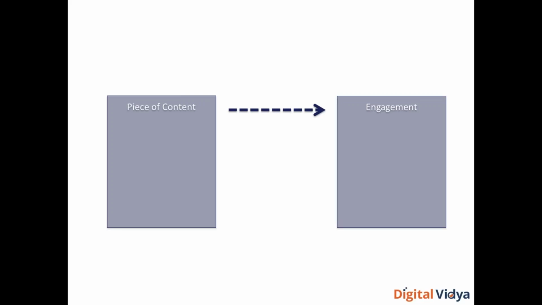Ads. So Nitesh, if my piece of content is an ad, what is my engagement? Great, Yashna. Ad clicks. After ads, any other thing? So once I see the ad, I click on it. What happens? I click on the ad, then what happens? What do I do? Landing page. Absolutely. There could be a form for us to fill or there could be an offer to use their product for free.